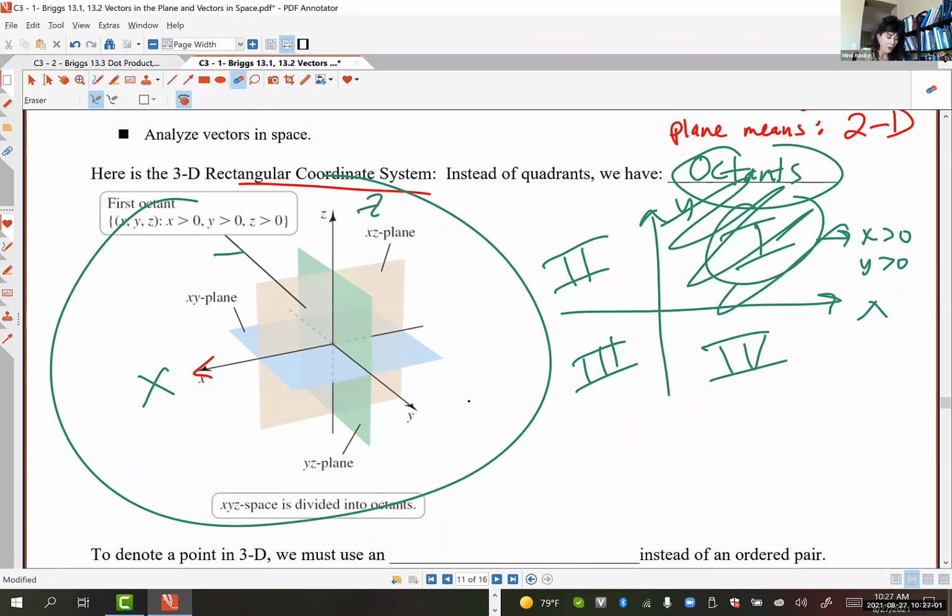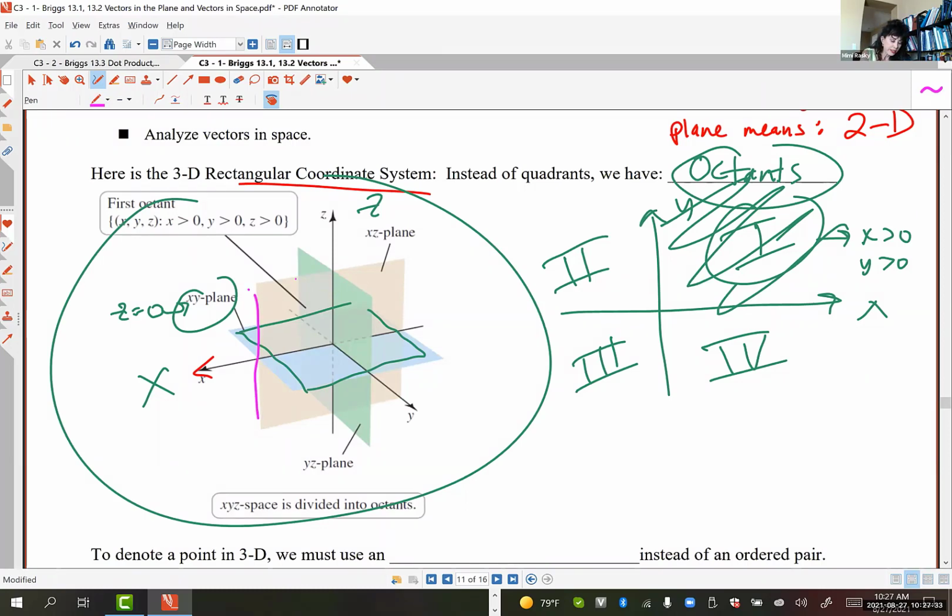What else? Well, a couple other things while we're here. You'll notice that in this picture, they've got this blue flat plane here. That is called the XY plane, and it contains the X and Y axes. When you're in the XY plane, the Z coordinate is understood to be 0. Another one of these coordinate planes that you need to know is this one here.